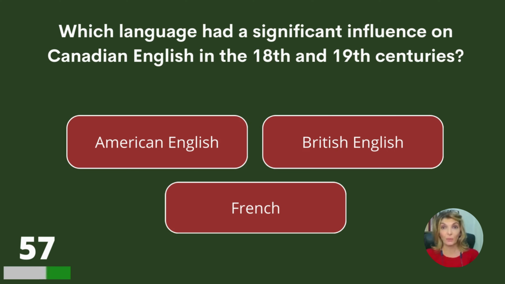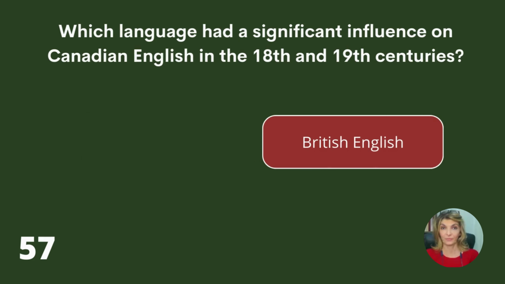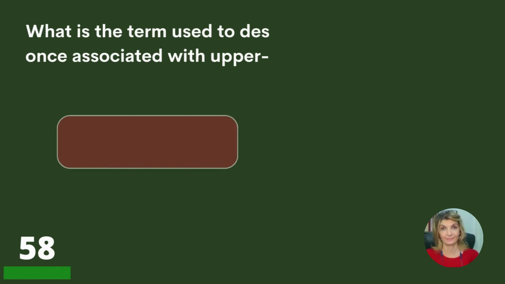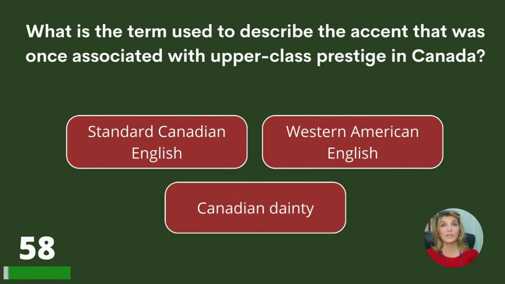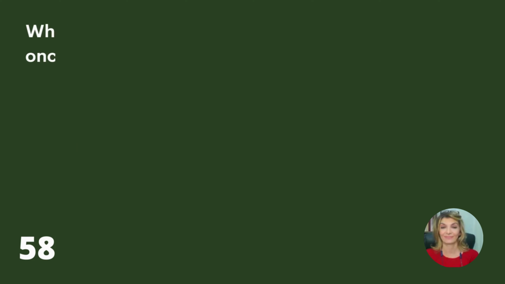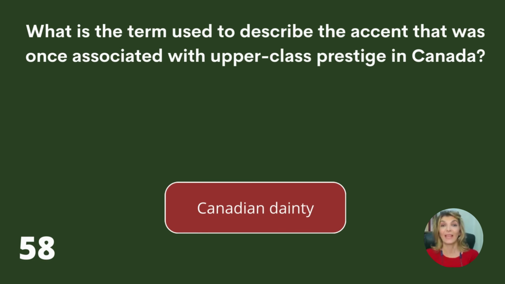American English, British English, or French? British English. What is the term used to describe the accent that was once associated with upper-class prestige in Canada? Standard Canadian English, Western American English, or Canadian dainty? Canadian dainty.